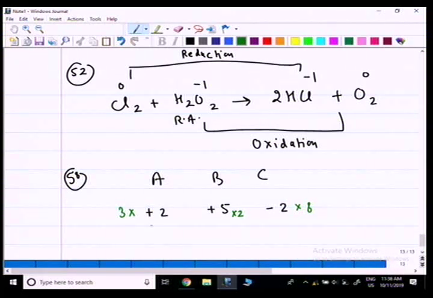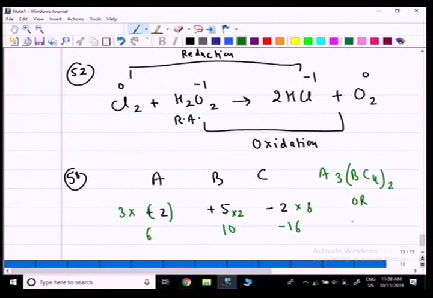So this is your 6, 10, -16. So guys, option C should be the right answer. A3, B, C4 whole twice. Ultimately, you will get this answer. This is the answer. Okay.